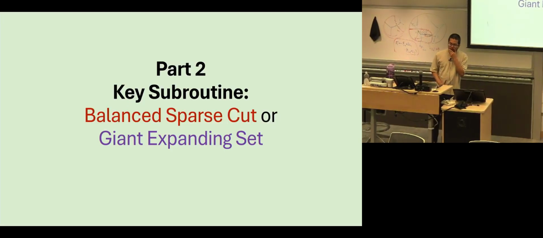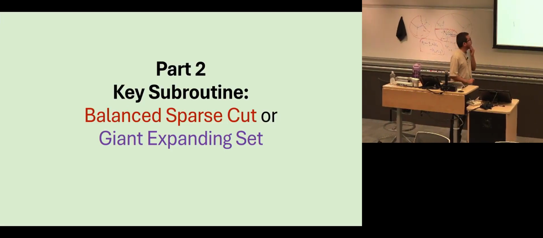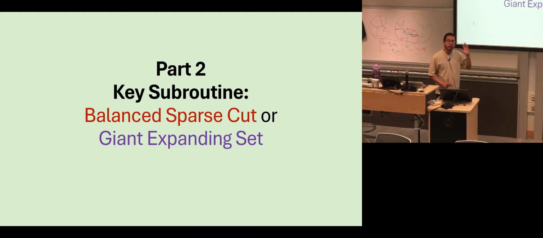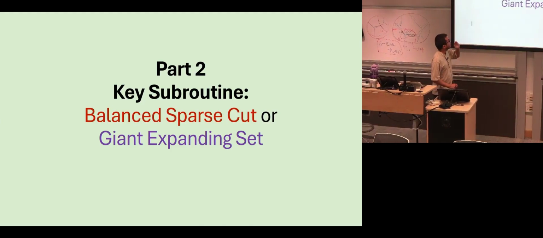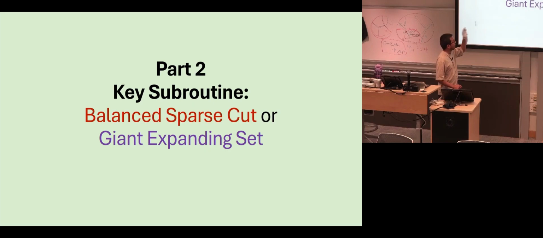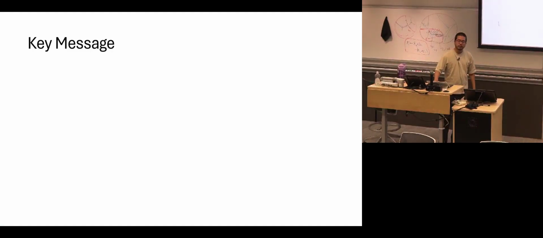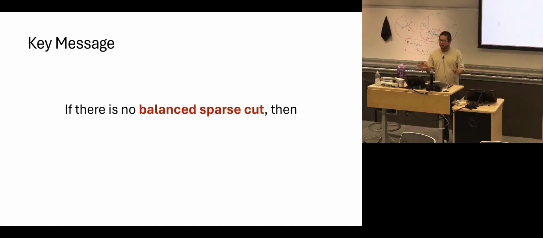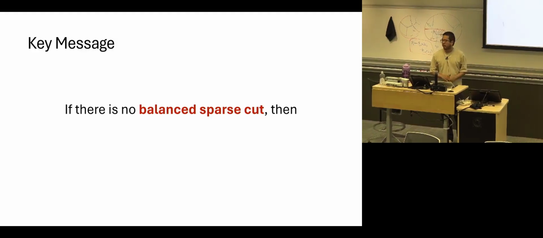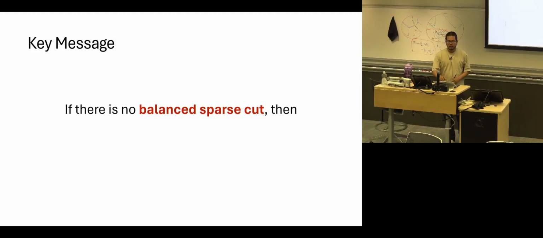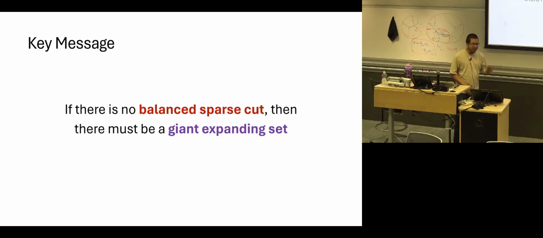This is a subroutine that I want you to have in mind: either find a balanced sparse cut or identify a giant expanding set. If there is no balanced sparse cut, then something nice must happen: there must be a giant expanding set.